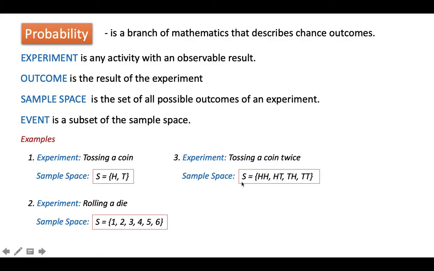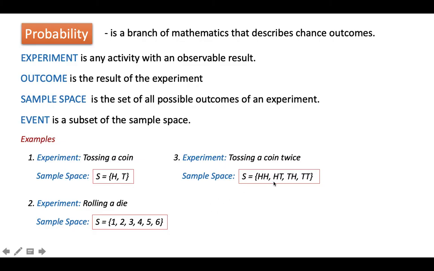In our third experiment, for example, if we're going to toss a coin twice, our sample space would be S is equal to {HH, HT, TH, TT}. Why? Since we are tossing a coin twice, in our first toss, let's say the outcome is H. And in the second toss, the outcome is heads again. So our first set is HH.